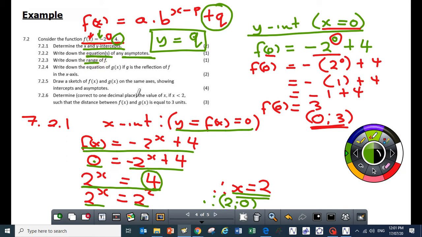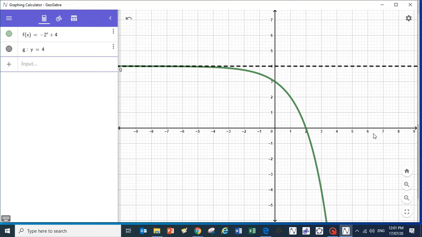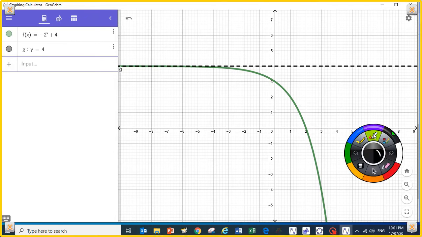Now, if you go back to the graph, you find that the limit of the graph in terms of the maximum value of y is going to be the value of y along the horizontal asymptote. So the largest value of y is going to be that one, at this point here. And here, y is equal to 4. And the equation of the asymptote is y equal to 4.